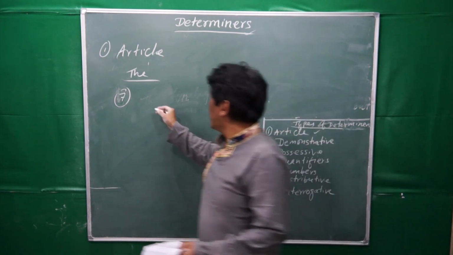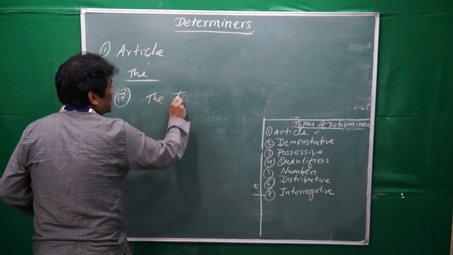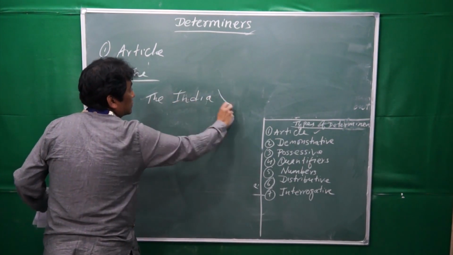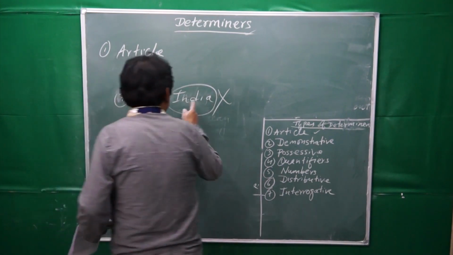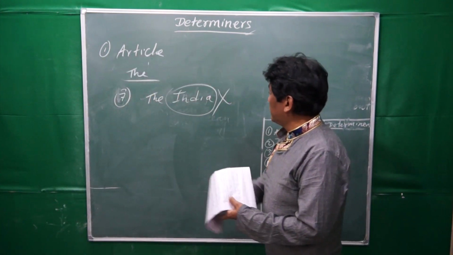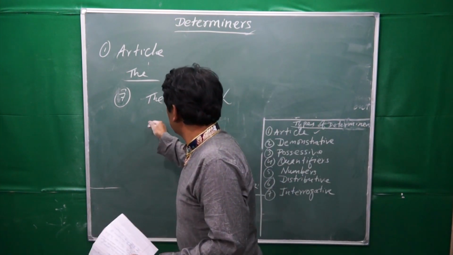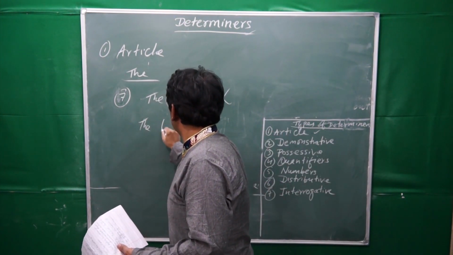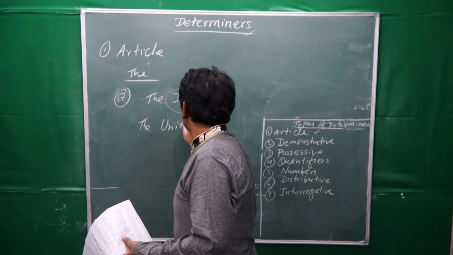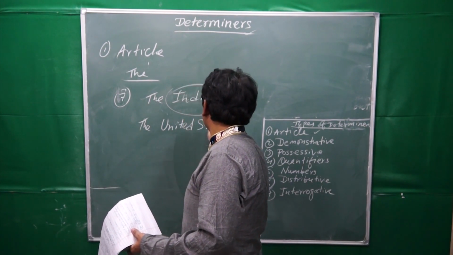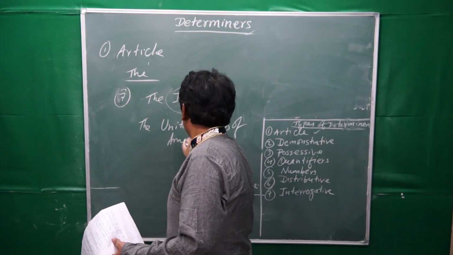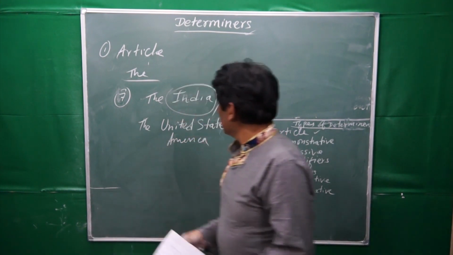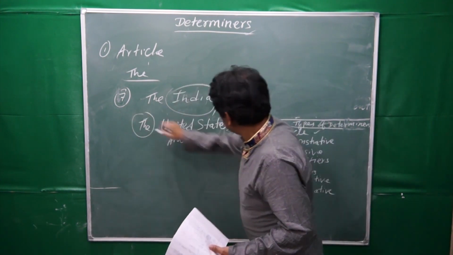Now, I cannot write "the India." I cannot write this, right? This is a proper noun. But I can write the United States of America. I can write this here.